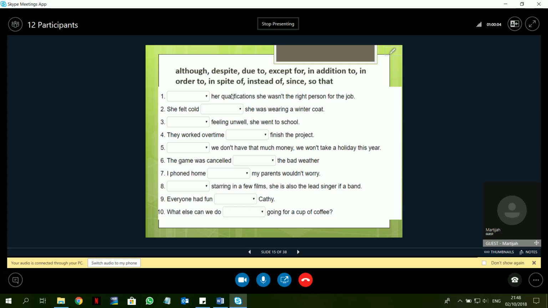See the mood. This is a contrast sentence. Oke, okay, although juga bisa, tapi lebih tepatnya kita menggunakan despite atau in spite of.